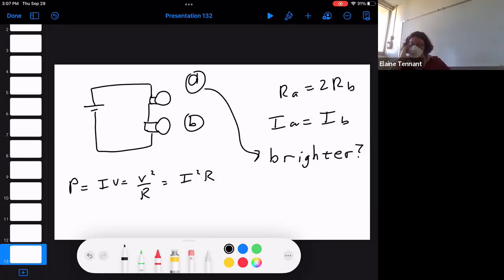Okay, and so let's talk about this a little bit, because I like the whole, well, they're the same brightness because they have the same current. That is a really good place to start. However, you might think about resistance, about how much energy a resistor can pull out of a current.